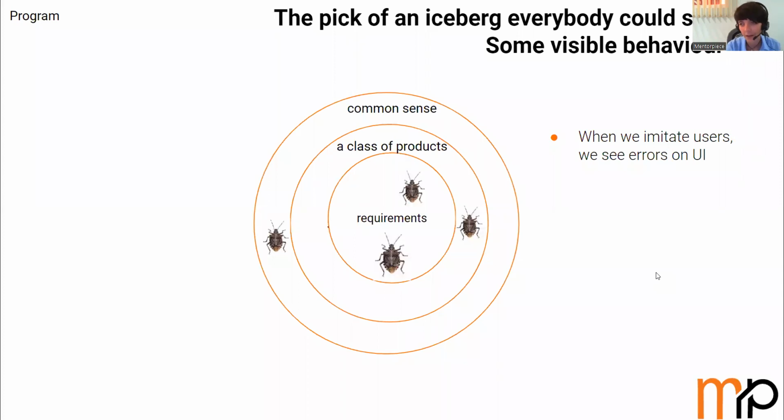No other order. So if we see on your user interface the buttons in a different order, you can think that this is a defect because this is not according to the class of products. Windows applications, this is a big class of products.